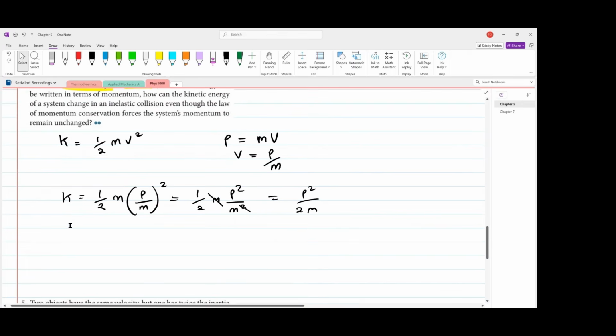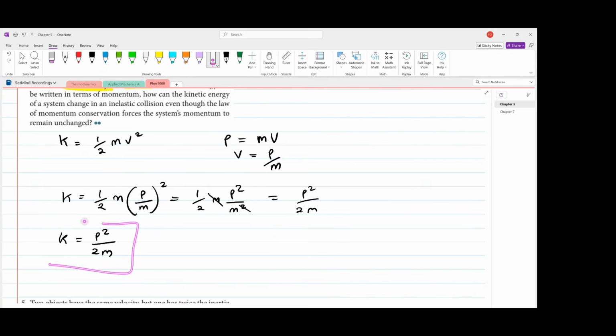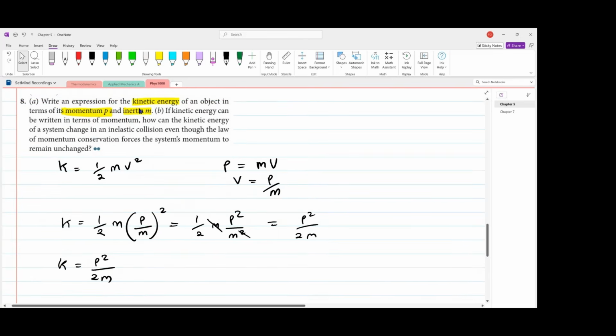So another way we can write kinetic energy is as p squared over 2m. If we have the momentum, but for some reason we don't have the velocity directly, we can easily write kinetic energy as this. I hope this makes sense. This is the kinetic energy of an object, so this is what they asked for.